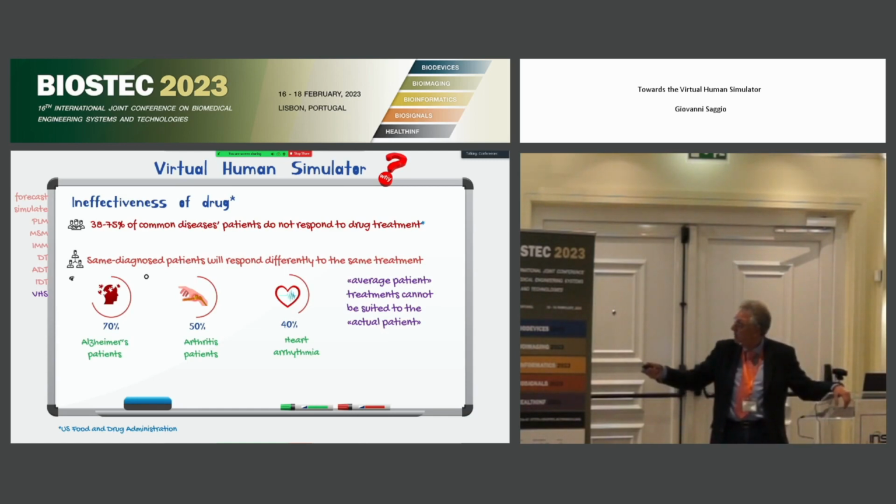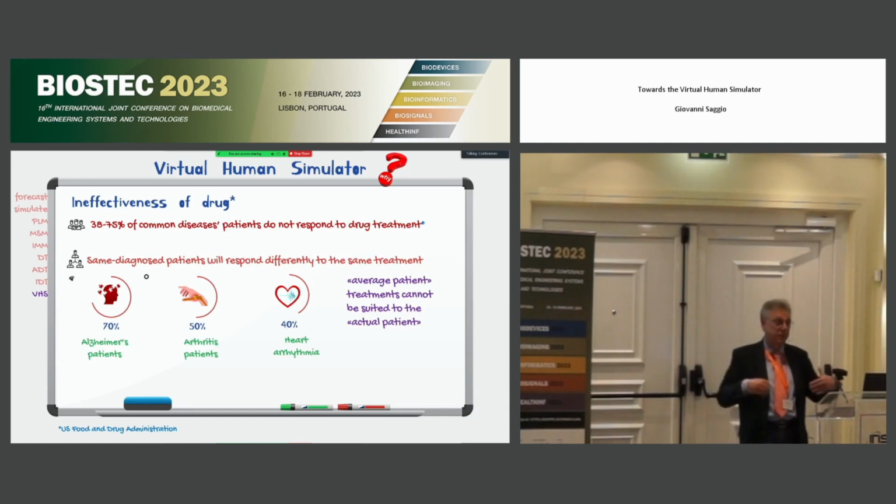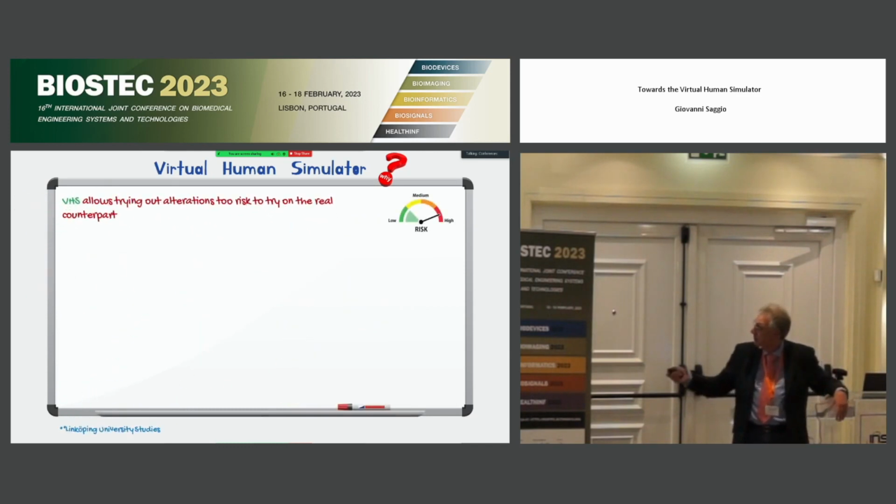And some diagnosed patients will respond differently to the same treatment. So we cannot treat in the same manner two people that have the same level of disease, because the answer is different. There are so many boundary conditions that can change the reaction of the patient. So we have to take this into account. And the virtual human simulator allows trying out alterations that are risky to try on the real counterpart. So we don't have to put the patient in a dangerous condition.